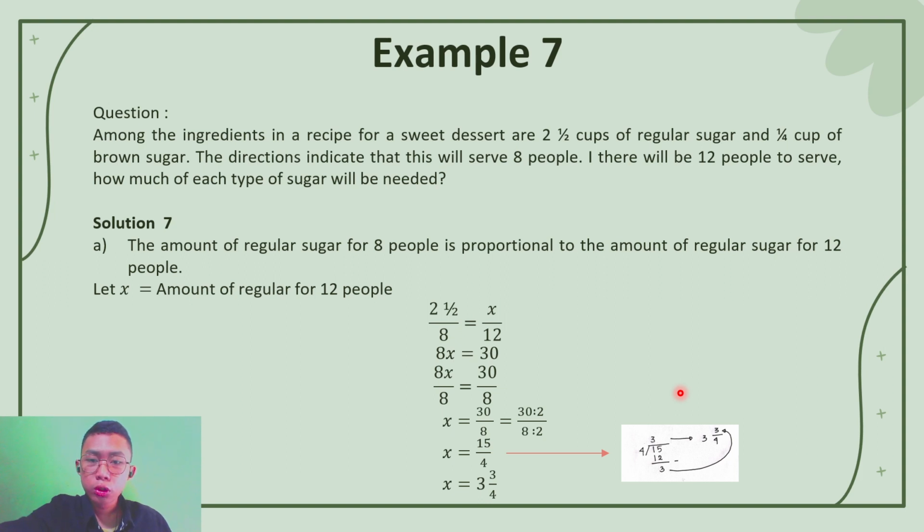So 2 and a half per 8 is x per 12, and cross multiplying, 8x is equal to 2 and a half times 12, which is 30. We divide both sides by 8, so x is 30 per 8, which is 15 per 4, so x is 3 and 3 per 4.